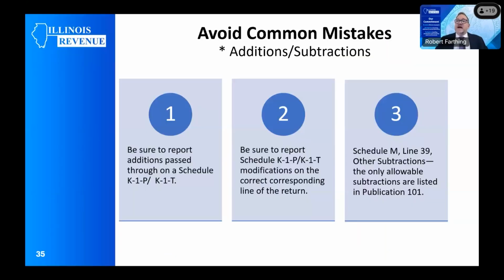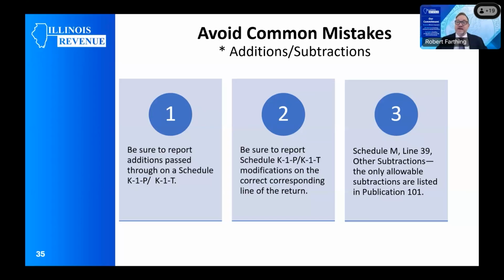Here are some common errors related to additions and subtraction modifications. If there is an addition on a K1P or a K1T, then it must be reported on the return. Also, when reporting a modification from a K1P or a K1T, be sure it is reported on the correct corresponding schedule or the correct corresponding return line.